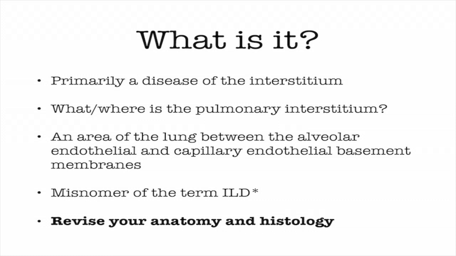The alveoli, we heard about the DAD, the diffuse alveolar damage. The alveoli are not in the interstitium. It can also affect the bronchioles, and it has also been known to eventually affect the pleura. So it is a misnomer. But you need to appreciate this to revise your anatomy and basic histology.